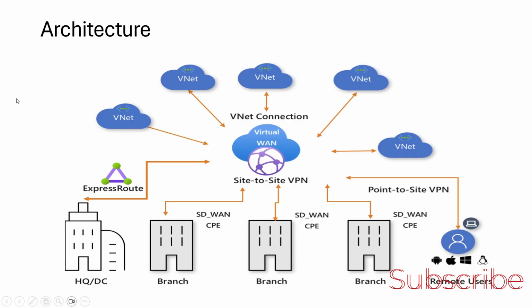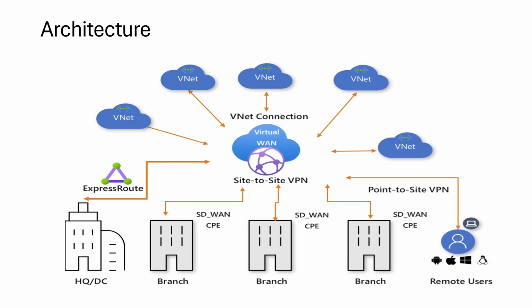On the left side of the diagram, you see an on-premises data center connected using ExpressRoute. This represents a private connection between a company's data center and Azure. Once connected to Virtual WAN, that data center becomes part of the same routing fabric and can securely communicate with Azure workloads.